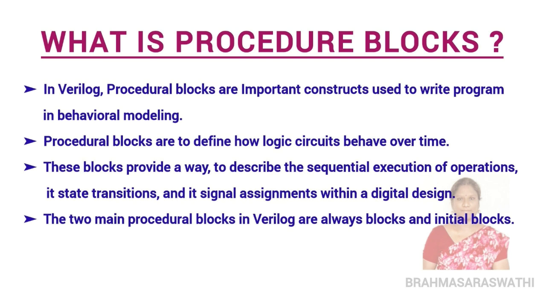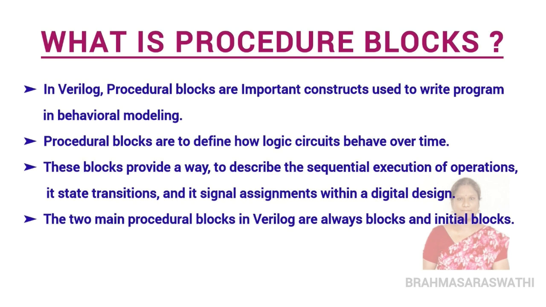The second point is procedural blocks define how logic circuits behave over time. This means how the logic circuit will behave from the starting point to the ending point for certain conditions or events. This is told by these procedural blocks.